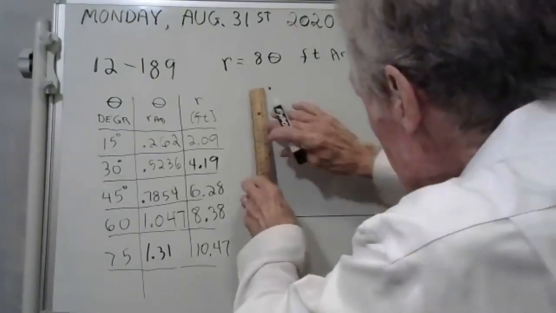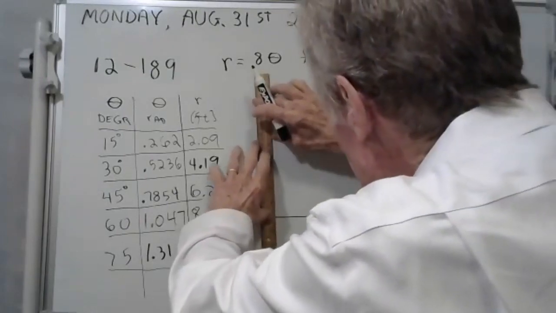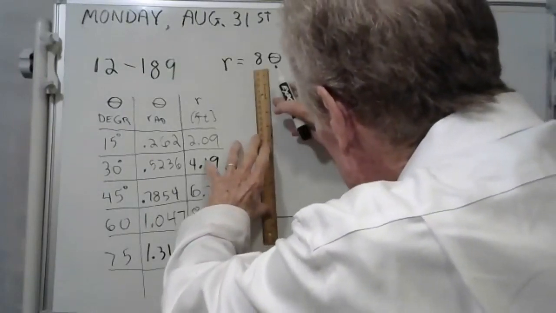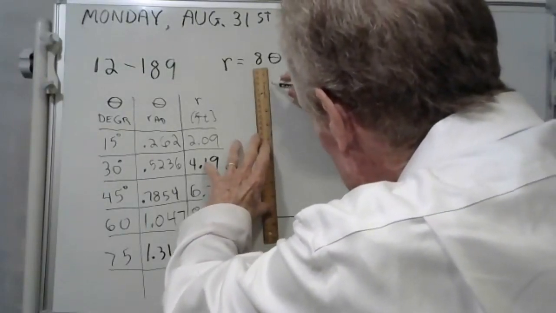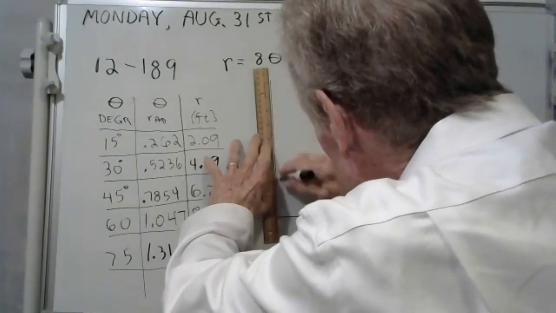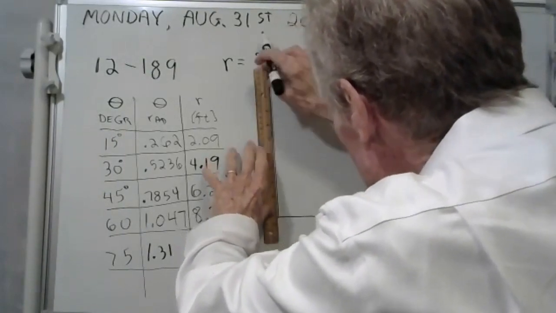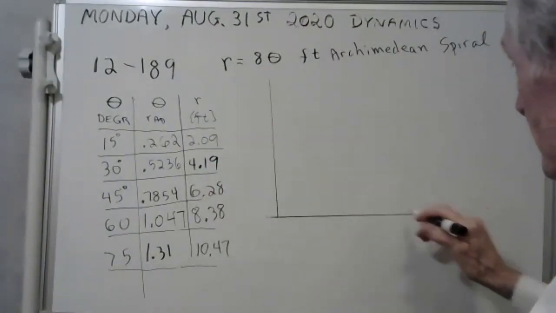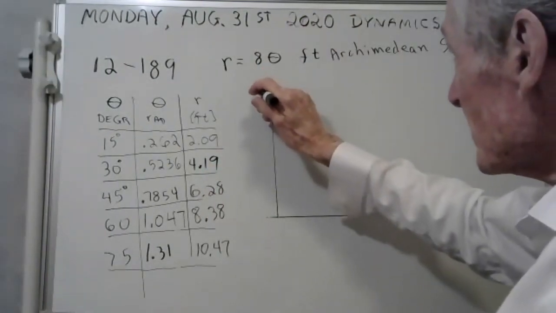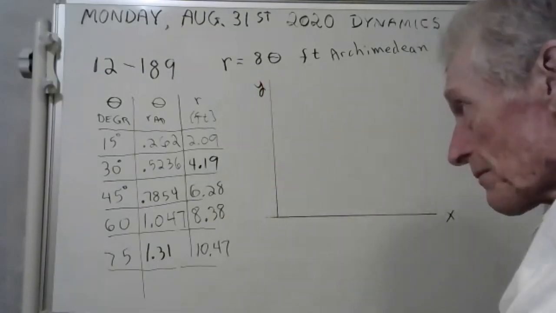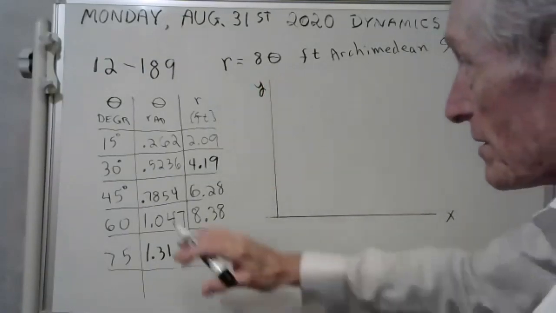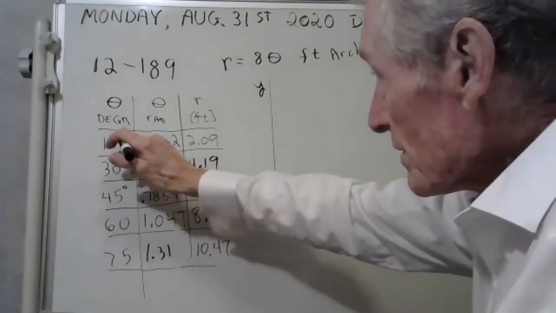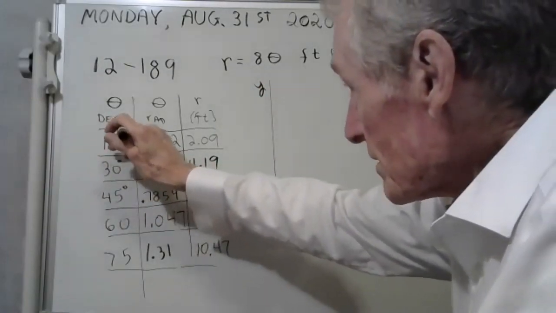Okay. And here's X. Here's Y. And at 0 degrees, we never did put in 0 degrees.